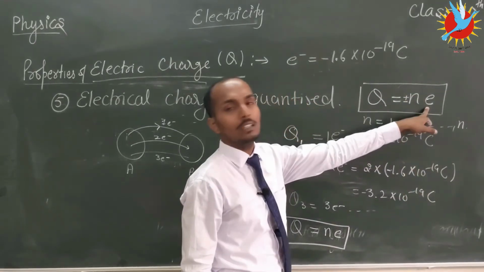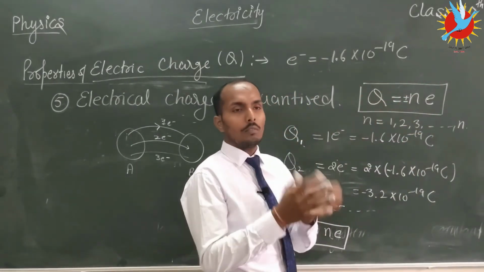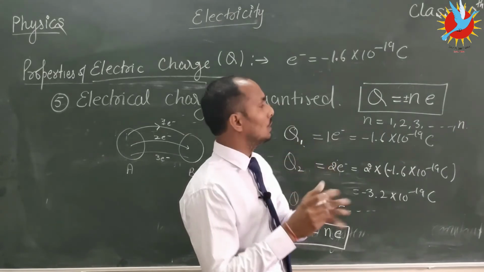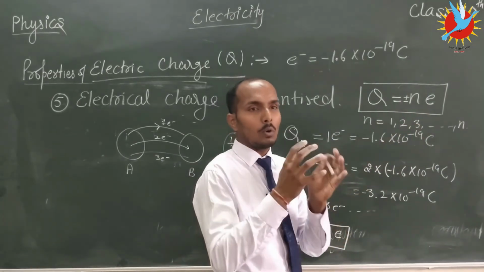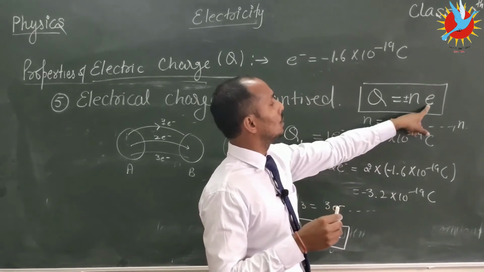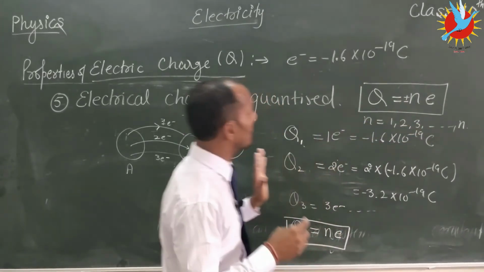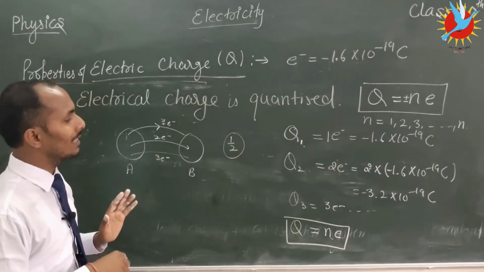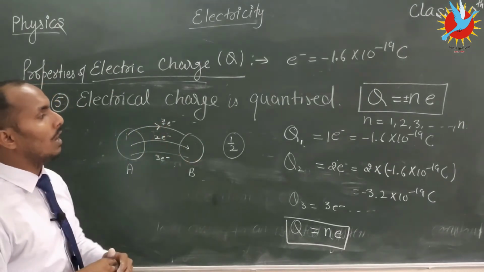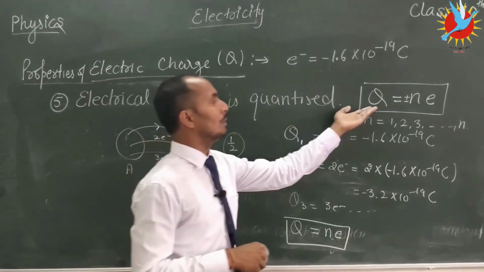If a body gains electrons, then use e as negative. If the body loses electrons, then use e as positive. So Q is equal to plus or minus ne. This is the formula for the total charge on a body.